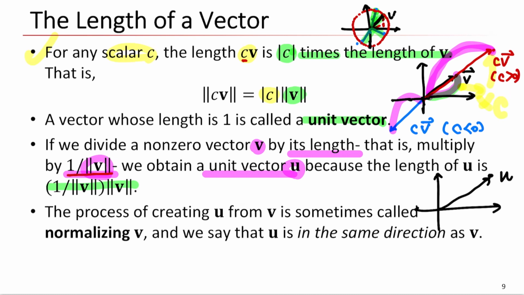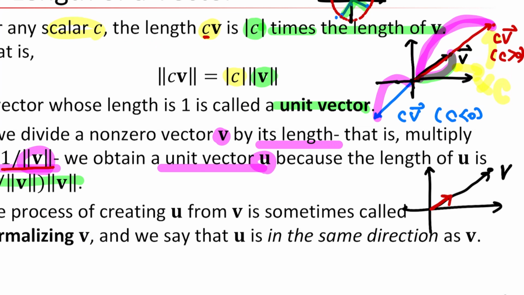Then if we multiply by 1 over the length of v, we can make a vector u. So u is equal to v times 1 over the length of v, right?